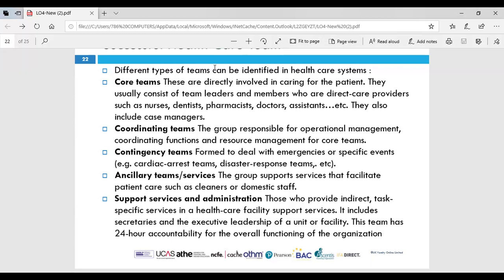Yeah, paramedics are also part of the contingency team. It's two sessions, because the way I look at it, some of them attend to emergency calls while some are on standby.